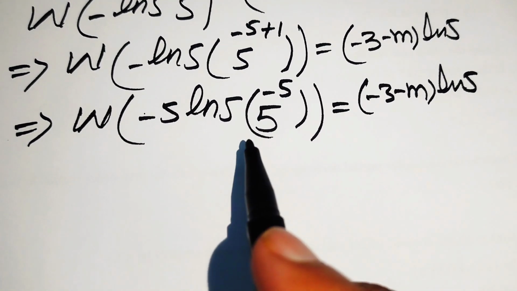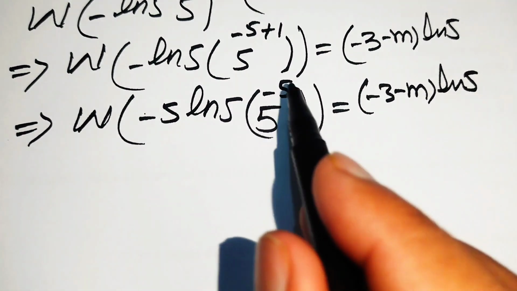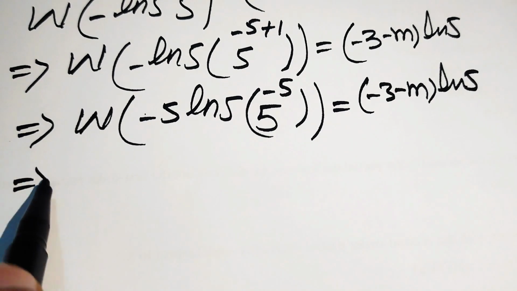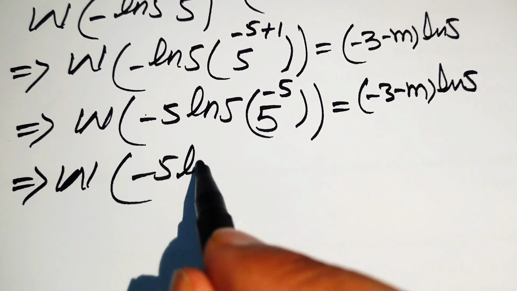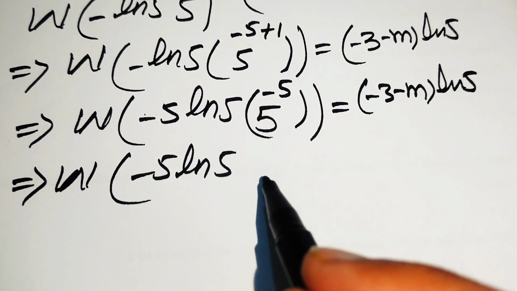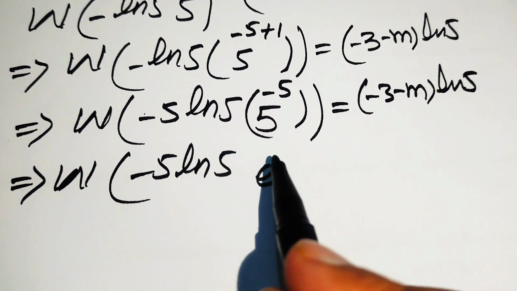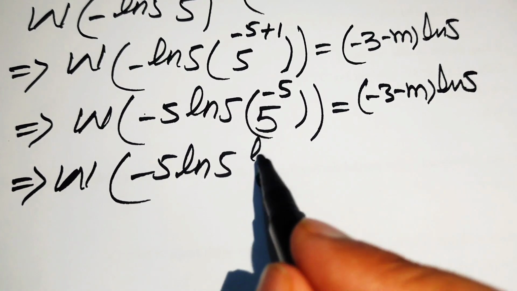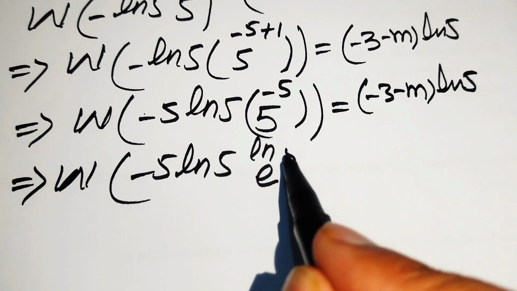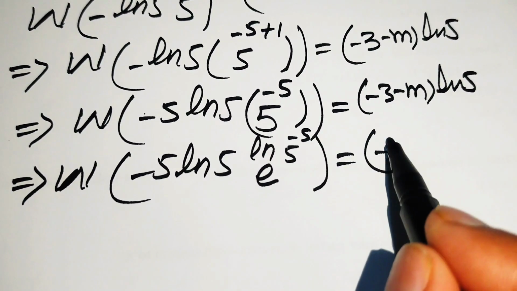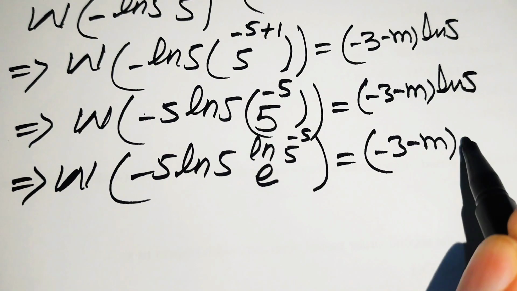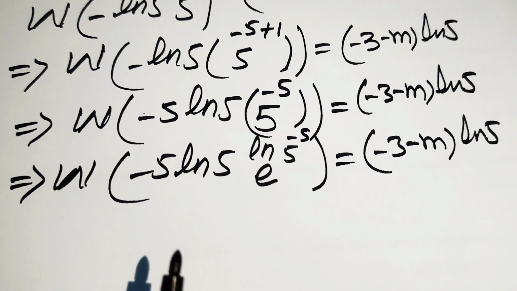Here we again convert this term into exponential form. We write it as minus 5 log 5, and here you have e to the power of log of 5 to the power of minus 5, equal to minus 3 minus m into log 5.